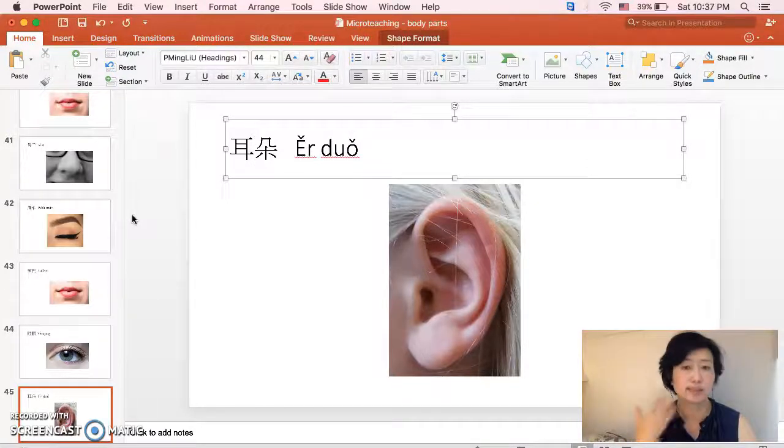So I can constantly adjust my teaching as we go. So that is my strength, by providing checking for understanding at various stopping points.